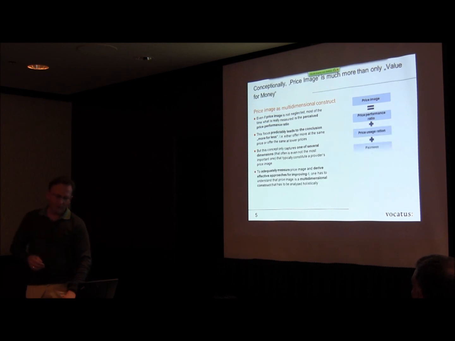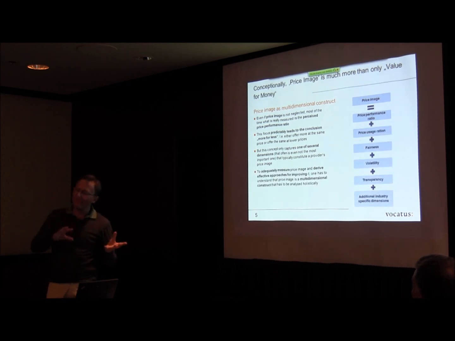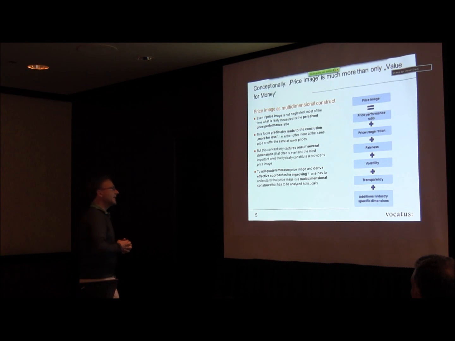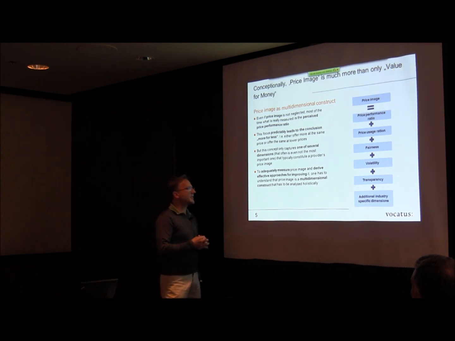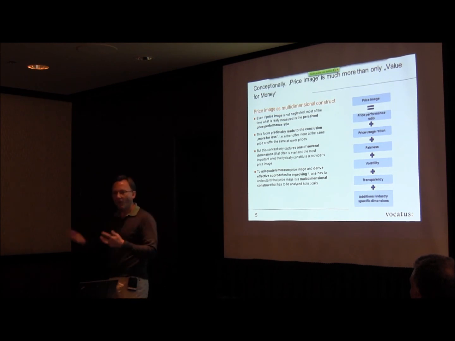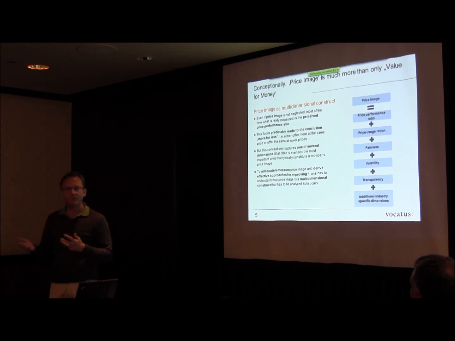Although it also depends a little on the industry, we found a sample of dimensions that are important to understand why people say brand A has a good or bad price image. So price image is multidimensional, and by looking at those dimensions, we were much better able to understand what we should be doing beyond lowering the price or raising value.